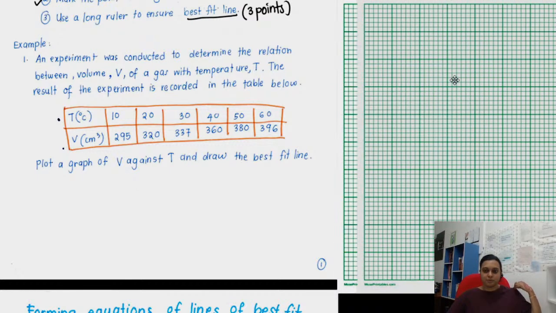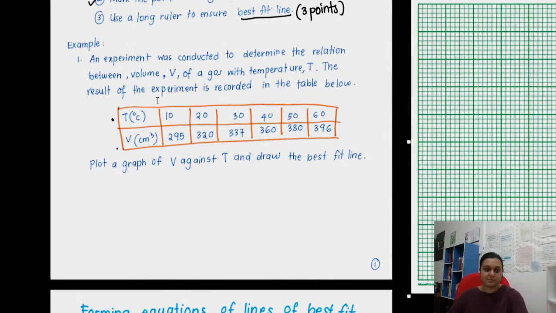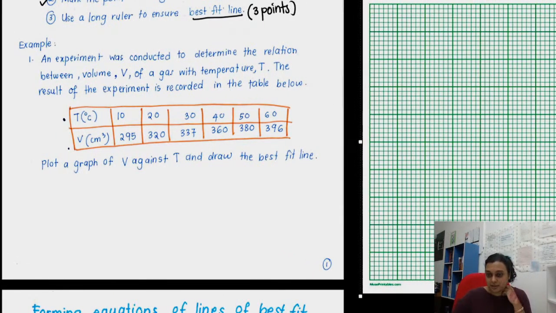Alright, now before we start, let's look at the question further. Kita tengok soalan dulu, then only you can know what we're going to draw. Okay, this is an experiment conducted to determine the relation between volume of a gas with temperature.